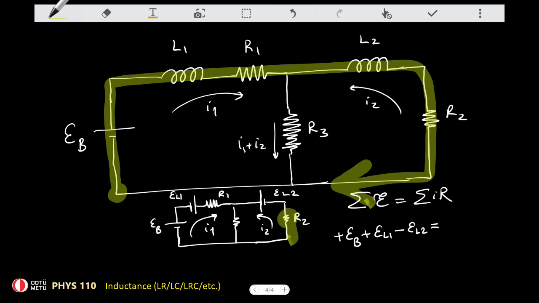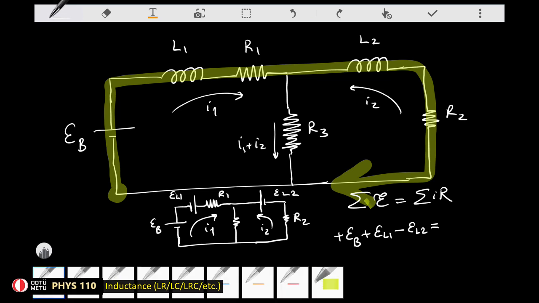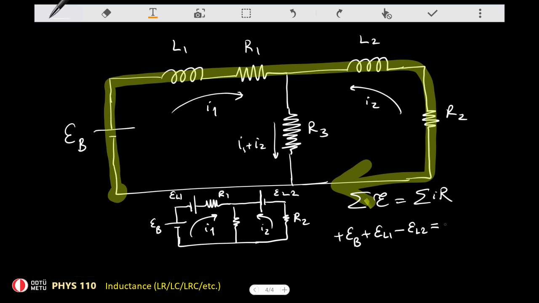So therefore, in the downward direction, the current is minus I2. So that means I have to write this thing down with a negative sign. So let's also write down the right-hand side. So I'm going to write plus I1 R1 minus I2 R2 in here on the right-hand side. Okay, so that's essentially the first point. So that's the complete equation written down.